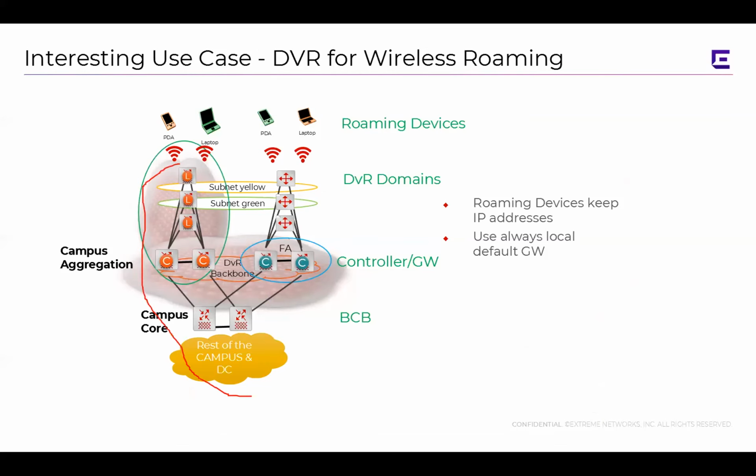This is the fabric network, but here you have a standard network, with fabric attached, for example, connected to the fabric. Then you can move the clients between them, and the client will not change its IP address, and it will have the nearest possible gateway for the traffic.